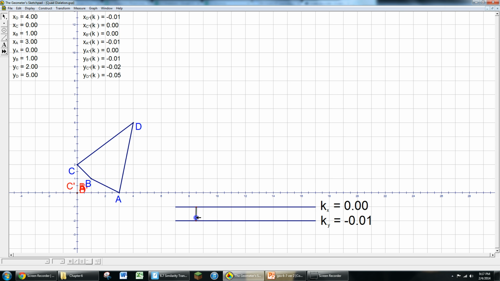I shrink and I shrink and I shrink, and all of a sudden I'm at the origin, and then boom, it pops out the other side. And you'll notice that shape, if I pause right here, is now reflected over kind of a diagonal line, or you could say that it has been rotated 180 degrees, and the scale factor is 0.5. So it's half as big and it's been rotated 180 degrees by doing that.